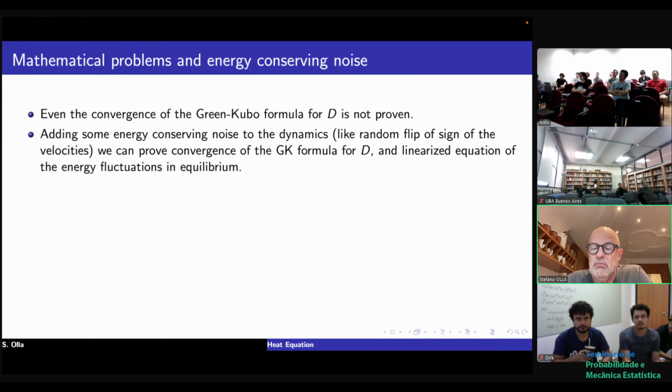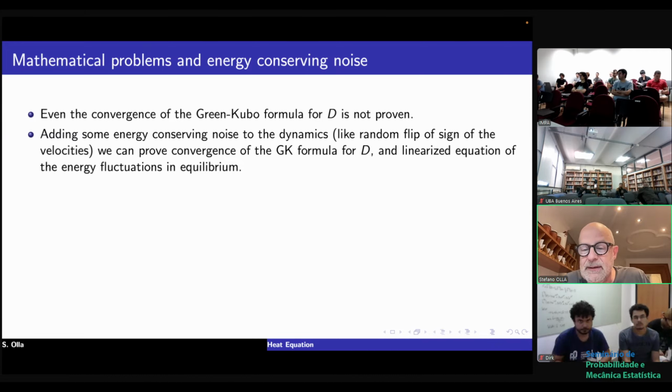For example, at each particle, besides the Hamiltonian dynamics, you wait an exponential time and you flip the sign of the velocity. This, of course, kills a lot of integrability of the system and makes that integral convergent. And I made a work with Cédric Bernardin maybe 15 years ago, or a little less, where we proved that.